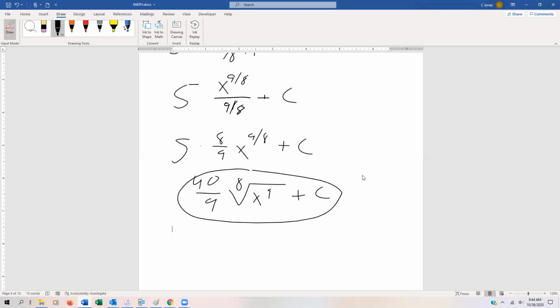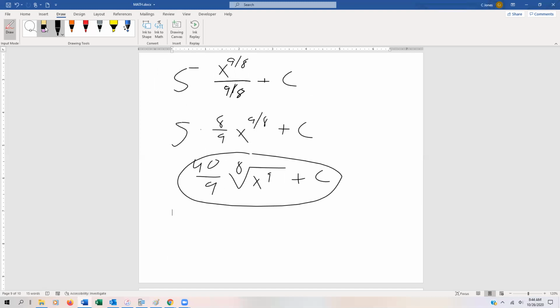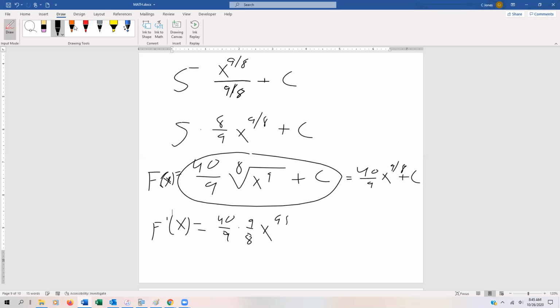And of course, we want to check this by differentiating. If we call this capital F, and rewrite this as 40/9 x to the 9/8 plus c, then F prime would be equal to 40/9 times 9/8 x to the 9/8 minus 1 plus 0.